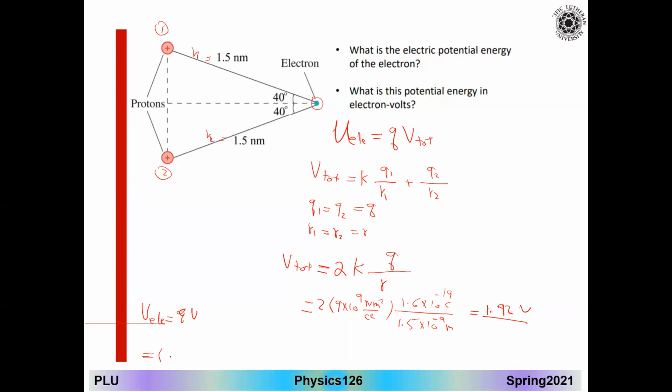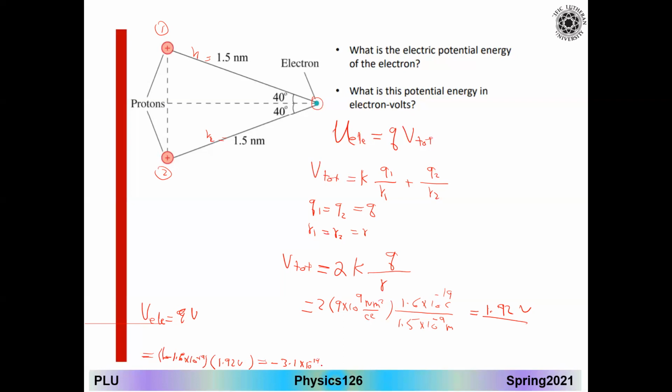Minus 1.6 × 10^-19 times 1.92 volts, I end up with the result minus 3.1 × 10^-19.